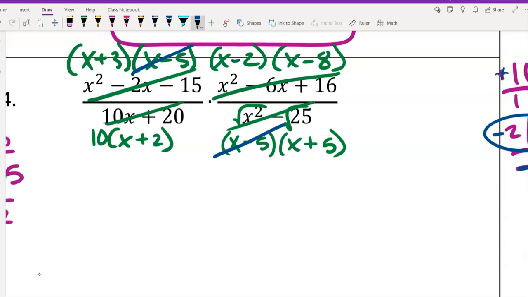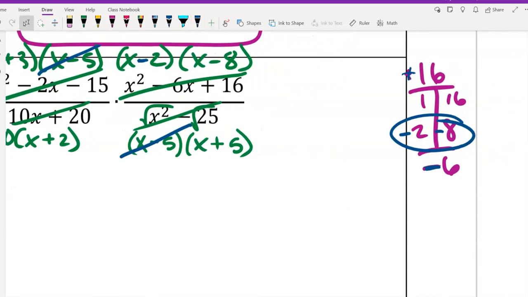On the top here we have an x minus 2, and on the bottom we have an x plus 2. So that is not going to cancel out. They have to be exactly the same. I must have done something wrong here because negative 2 and negative 8 is negative 10, not negative 6. So I worry that I made a typo on this problem.